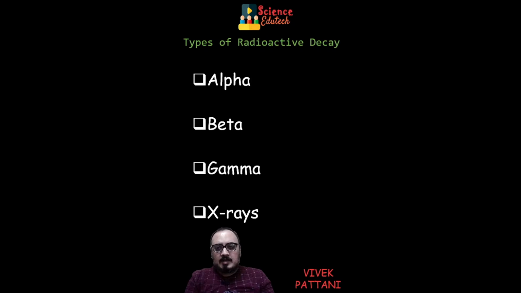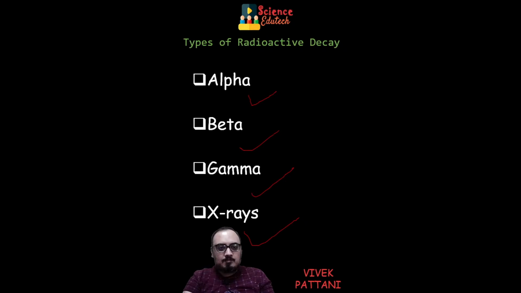Now, what are the types of radioactive decay? Radioactive isotopes emit different types of radiation: alpha, beta, gamma and X-rays.